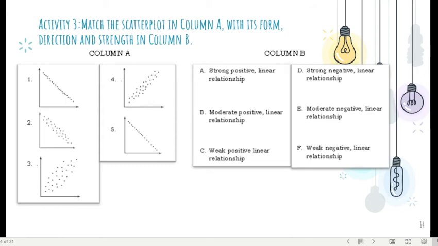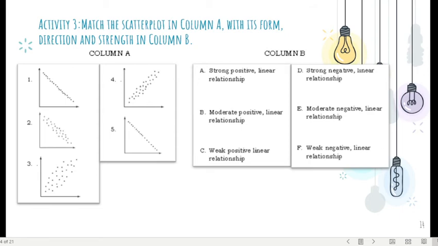Which of those three options is the best interpretation of the scatter plot in number one? The correct answer is strong, because the points are clustered into almost a straight line going down. So we have letter D. It is a strong negative linear relationship.